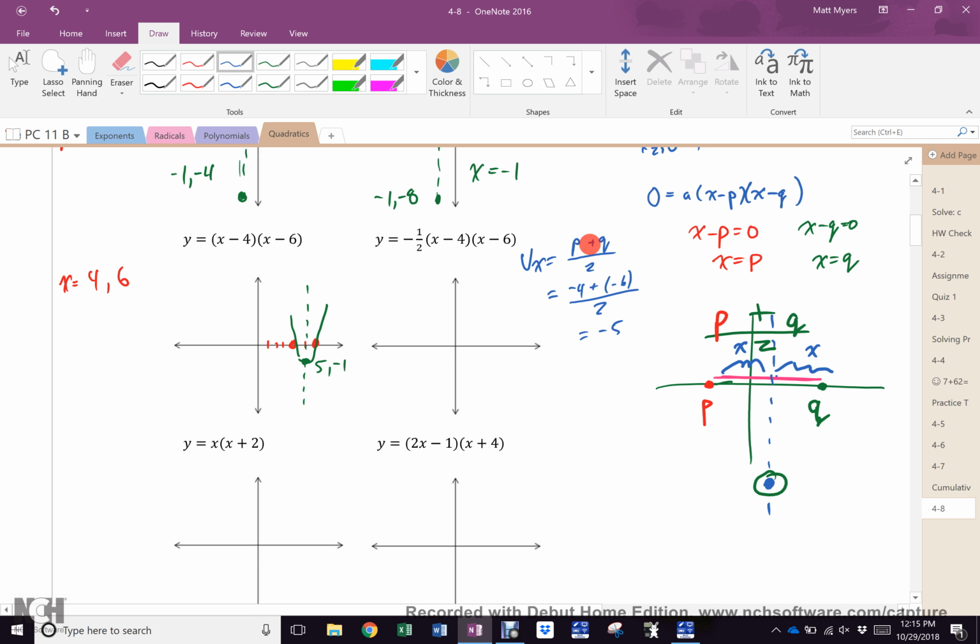Should I be adding or subtracting? Why is it subtraction? What is the answer in a subtraction question? The difference. And I need the difference between these two, don't I? So I can't add it. You've got to build your own formula. So P minus Q is what?